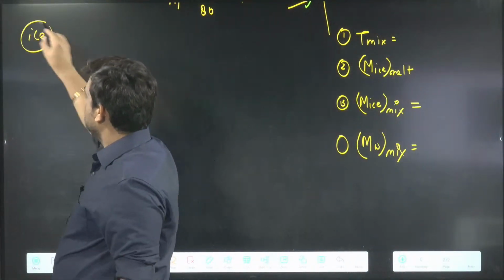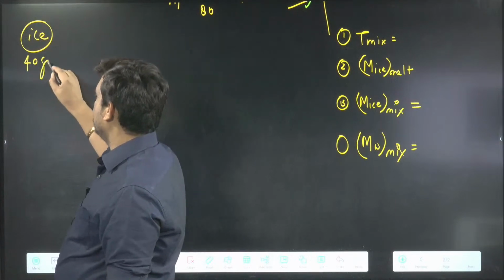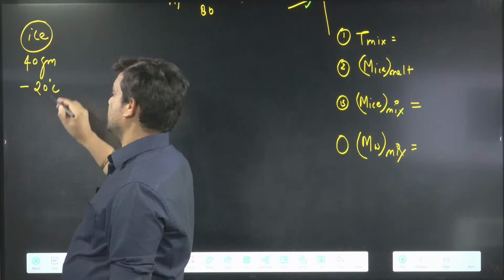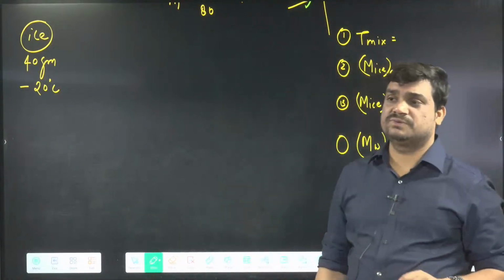The next question is: we have 40 gram ice at minus 20 degrees Celsius.